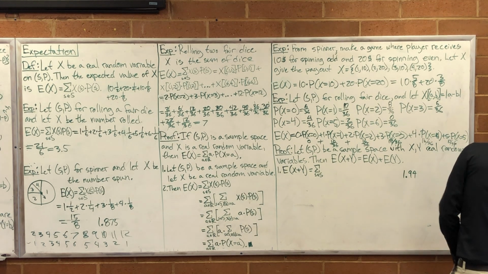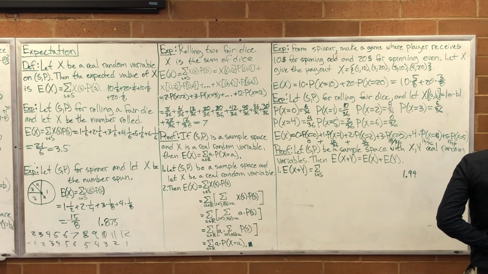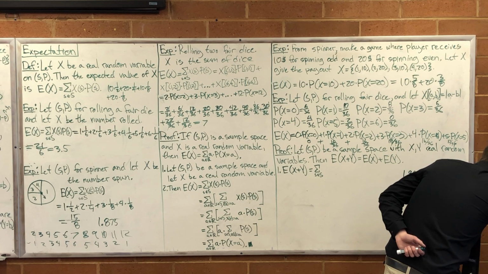I bet the book has it. Scroll back up. No, it's probably with 2 dice. We did that, we did that. Where is this example?